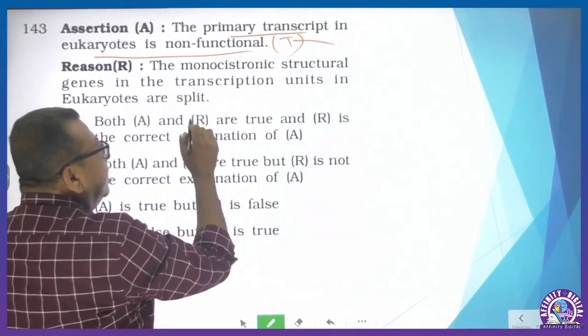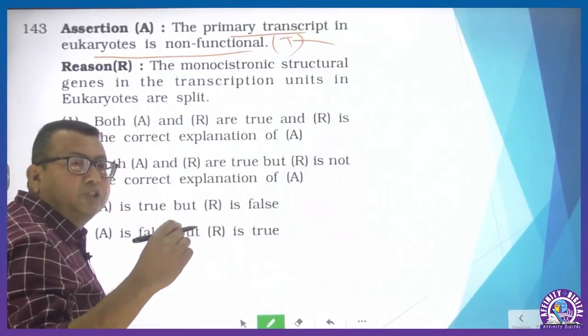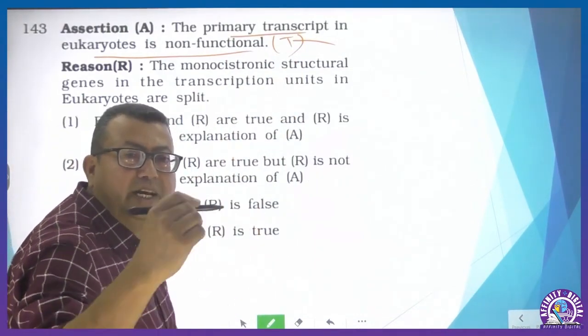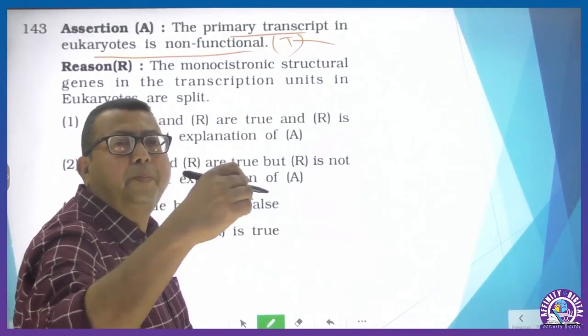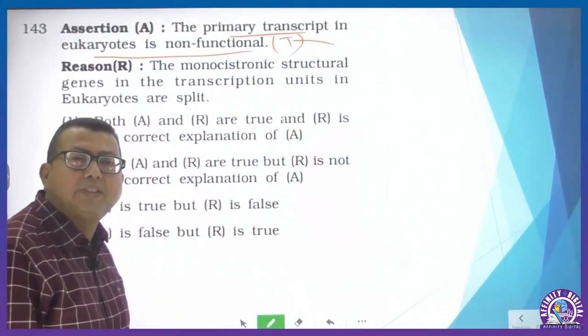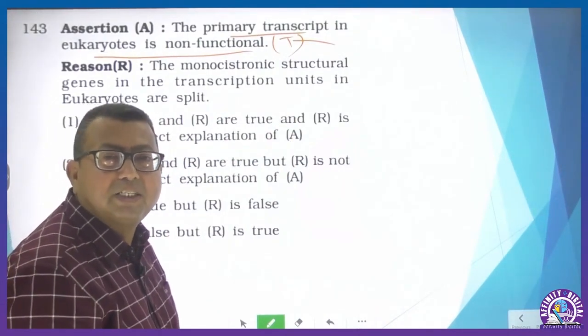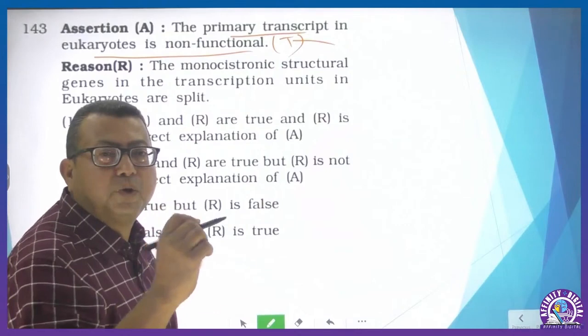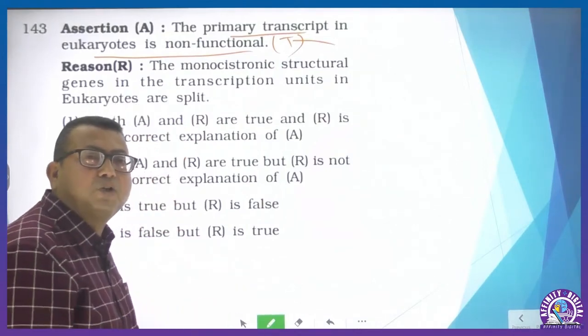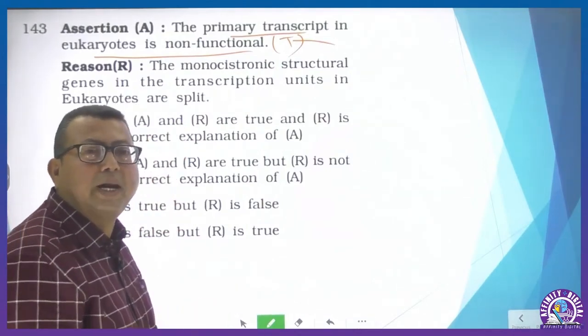These introns and exons in hnRNA are copied from the intronic and exonic sequences present in the monocistronic structural genes of the transcription unit in eukaryotes, and these genes are, as you know, called split genes.